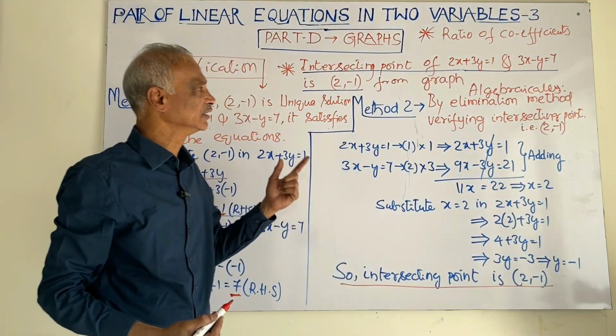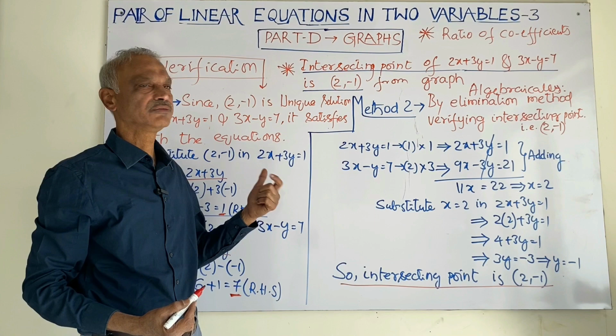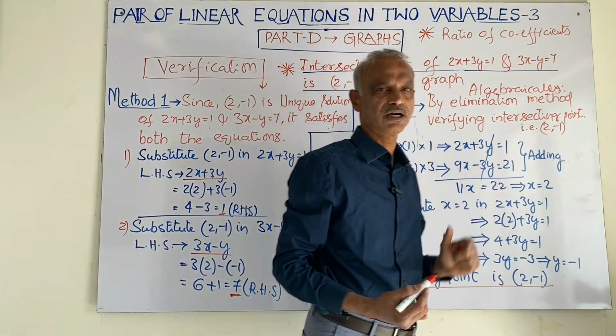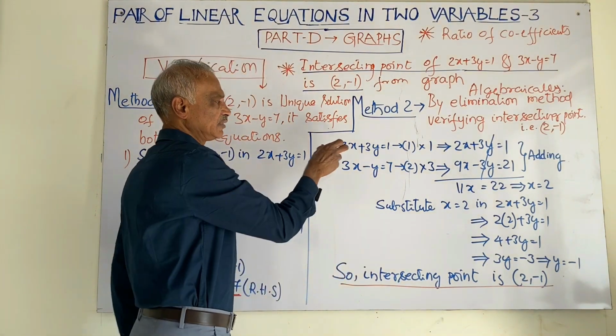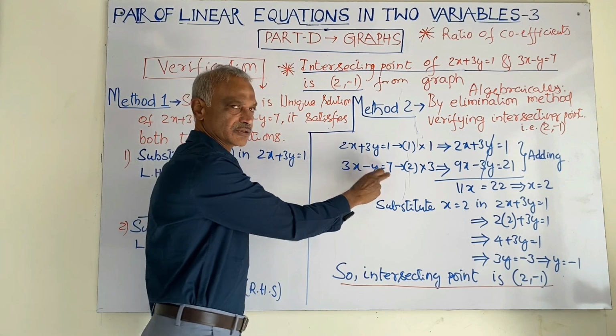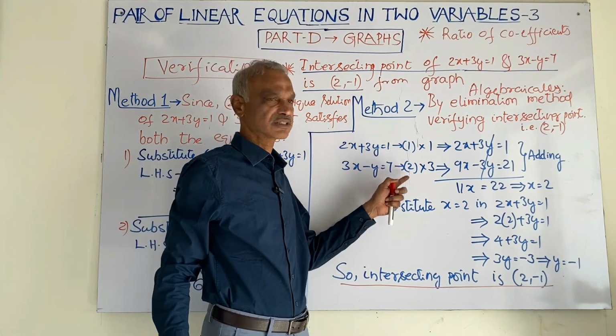Algebraically, we can use the elimination method to verify whether the intersecting point is (2, -1) or not. I have taken 2x plus 3y is equal to 1, the first equation, and 3x minus y is equal to 7, the second equation.